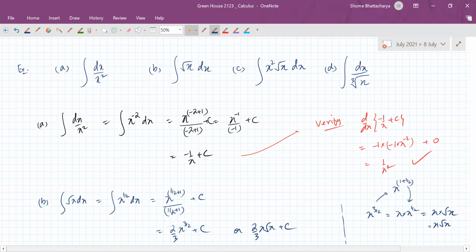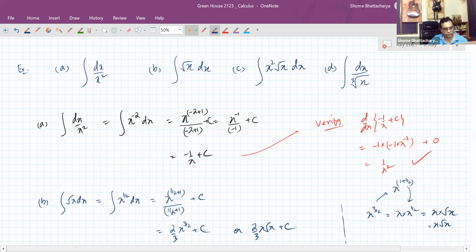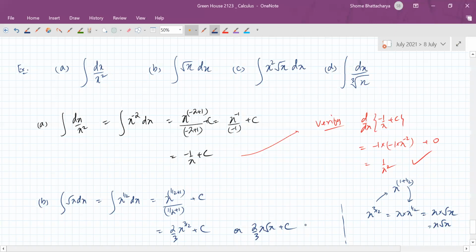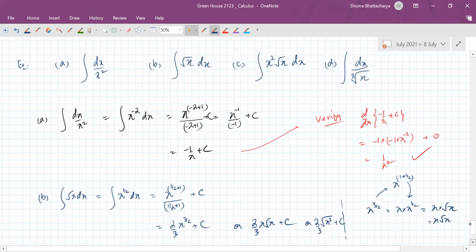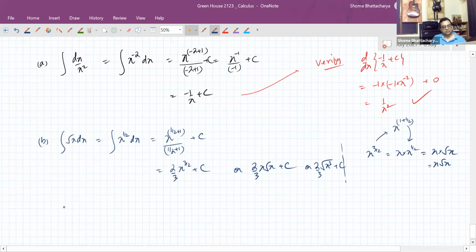Sir, in the second term, can we write it as 2 by 3 root of x cube plus c? 2 by 3 root of x cube. Yeah, we can write. So you can also express it this way. Yes, sir. Okay, let's come to the third one.